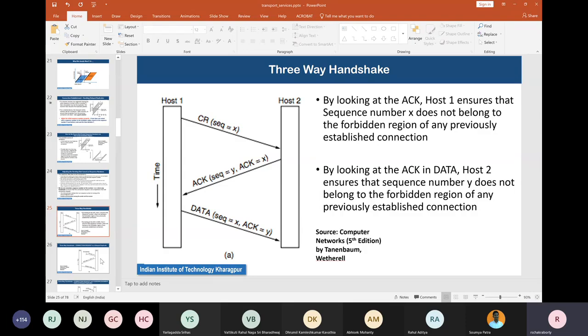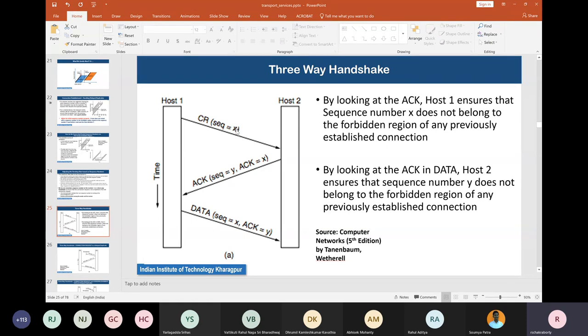We should not say sender and receiver because both parties can send messages. Firstly, the host sends a special message called a connection request message, shown by CR, and it proposes that my starting sequence number is going to be X.